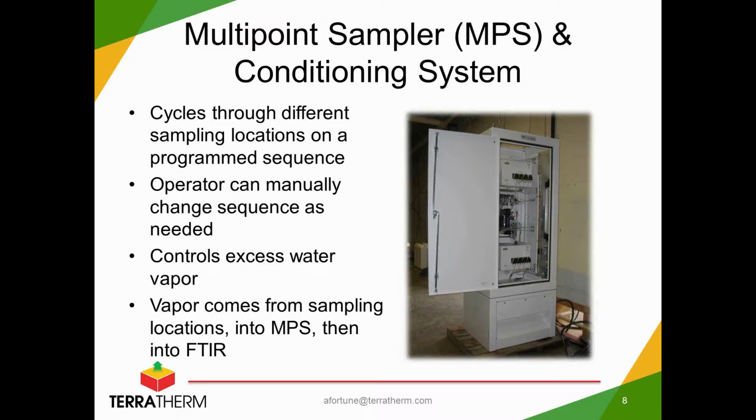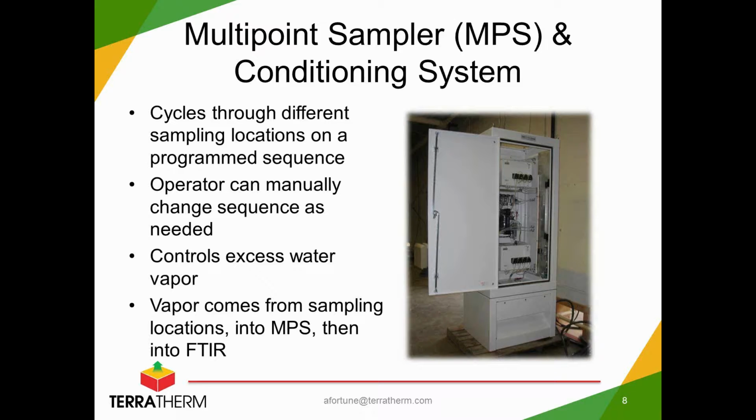That being said, even though the FTIR can handle hot, wet vapors, we did want to have some gross excess water vapor control. So we had this knockout system to condition the vapor going into the FTIR, so that the vapors would come from the various sampling locations throughout the treatment area into the multi-point sampler and then into the FTIR.